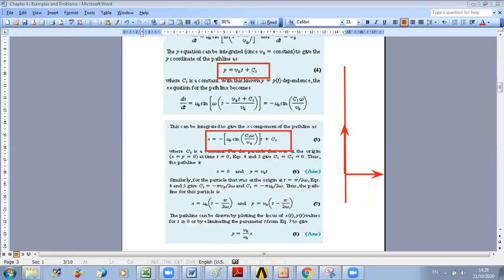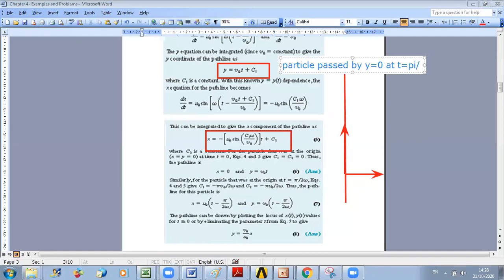They told me in the second case that it passed by the origin for t equal pi over 2 omega. So to find c1 for the second case, the particle passed by y equals 0 at t equals pi over 2 omega.